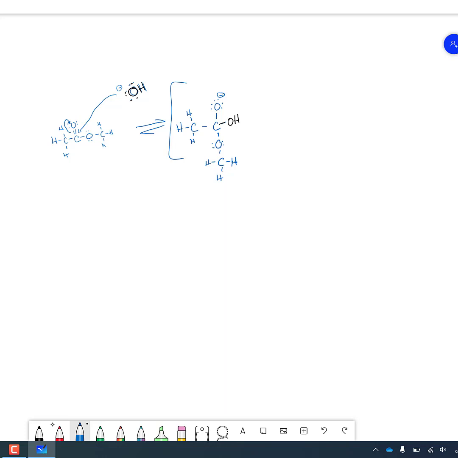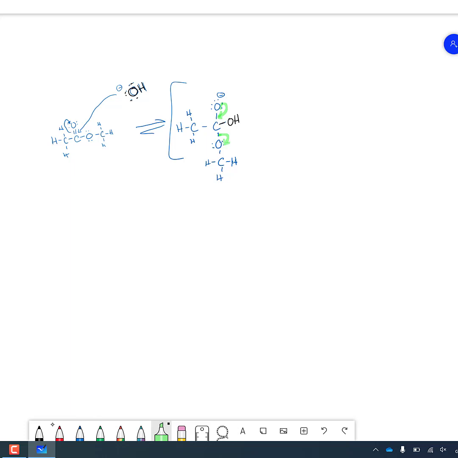And what's going to happen next is one of those free electron pairs is going to come on down, redeposit to reform a double bond, and that's going to force carbon to let loose one of its bonds. And the most stable one to let loose is going to be the one that's keeping it on with the essentially an ether. So this OCH3.